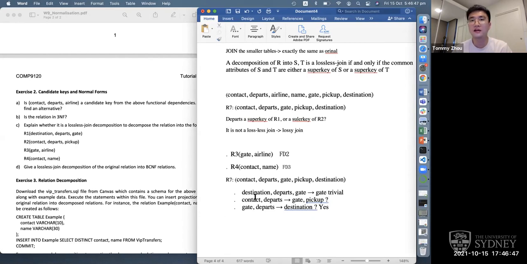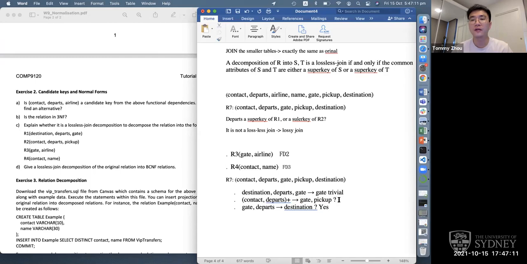What does the candidate key mean? It means the closure of this combination will actually get you all those attributes, right? So if you're using this FD, you're going to remove gate and pickup.